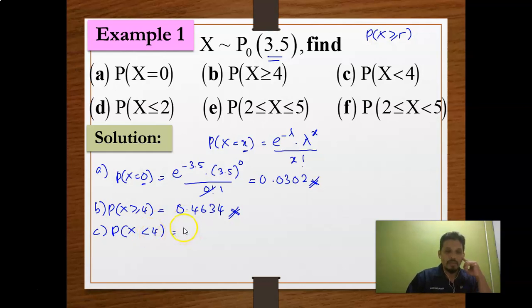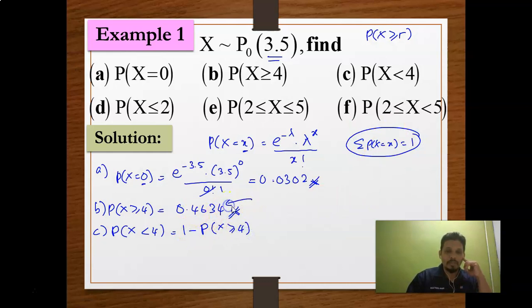So what we can do here is come up with probability of 1, because the summation of all the probabilities equals 1. Don't forget this. So 1 minus probability of x greater than or equal to 4.